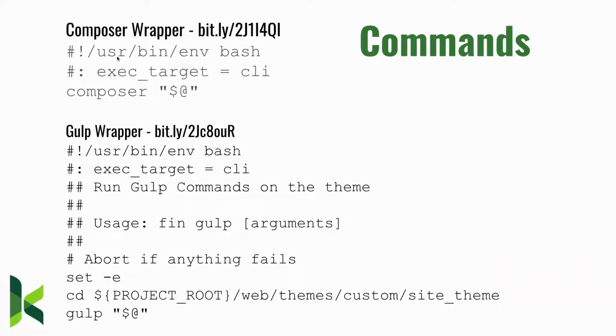But specifically I'm saying, hey, I want to run this command in my CLI container, which is where my PHP is. I want to call the composer command in that container, and any arguments I pass to that script, I want to pass them to composer directly. So now this takes away the need of me typing fin exec and then all the additional things.